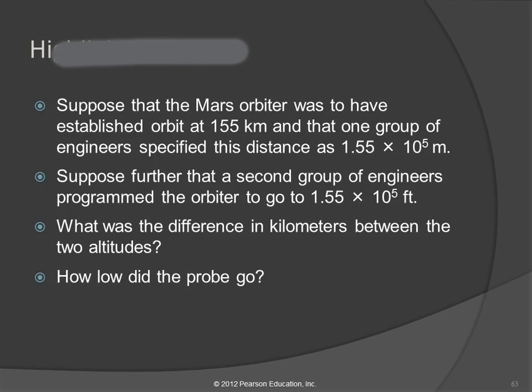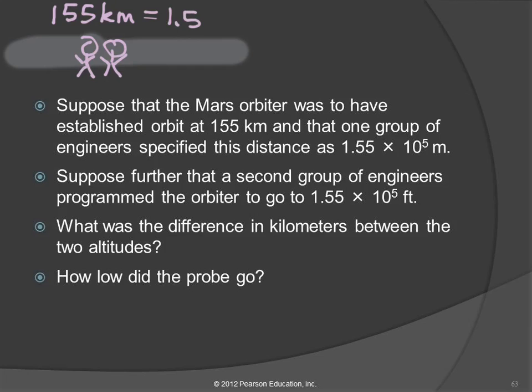I'm just going to get rid of this thing right there. I don't need that at all. So over here, we have one group of engineers. It's a small group. And so they're saying the orbit needs to be 155 kilometers, which equals 1.55 times 10 to the 5th meters.